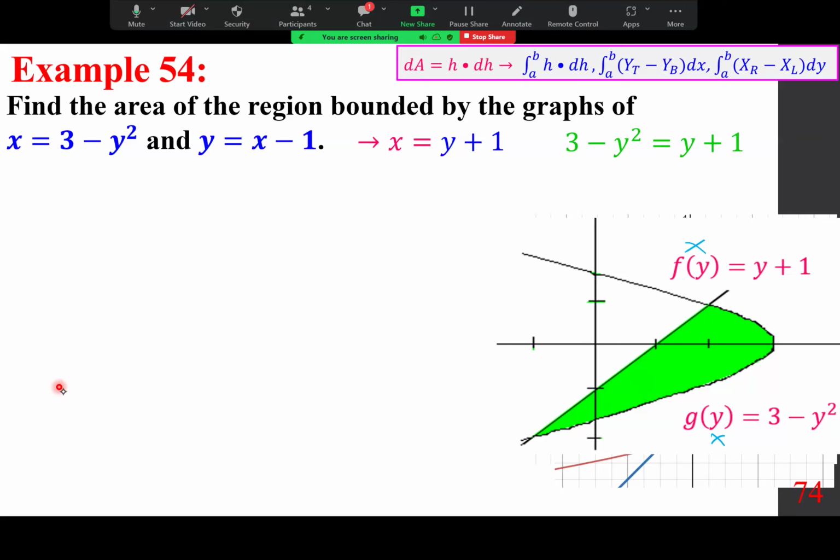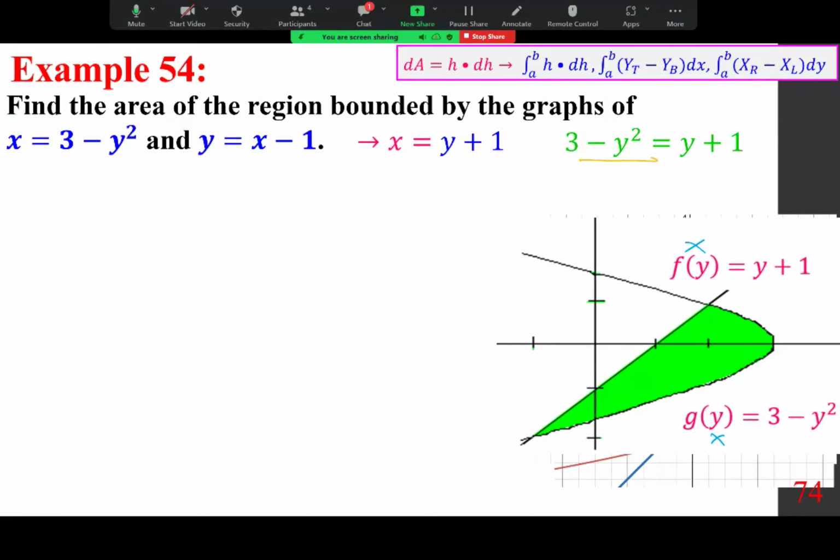We are going to set them equal in order to find points of intersection. 3 minus y squared. So notice this is x, and this one is y plus 1. So look at this one and this one. That's why we set x equals that. So set them equal, and to solve, we're going to put everything on the right side.